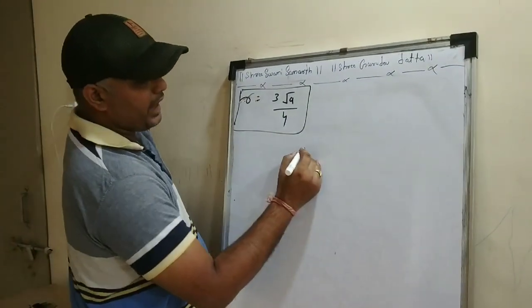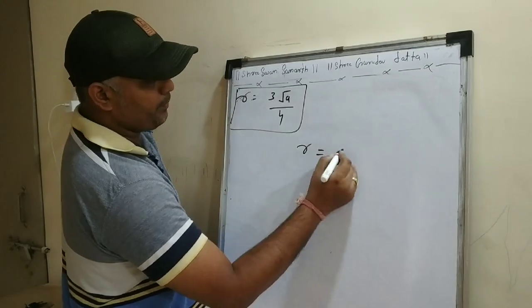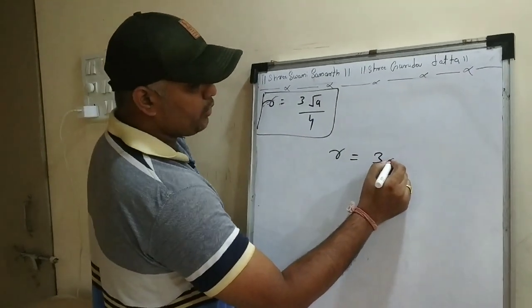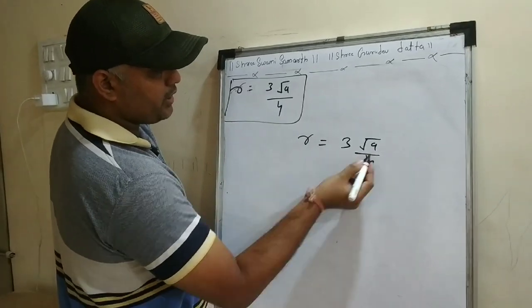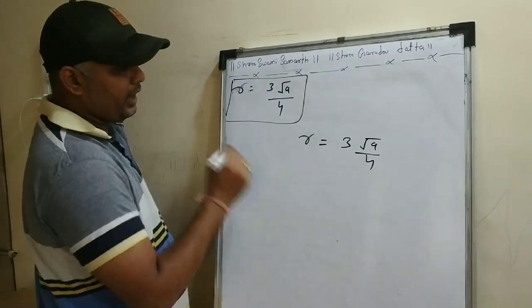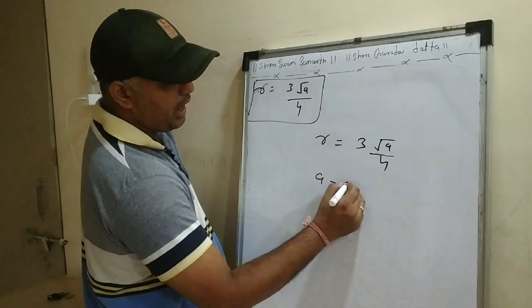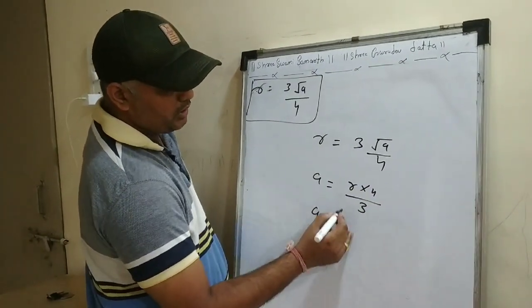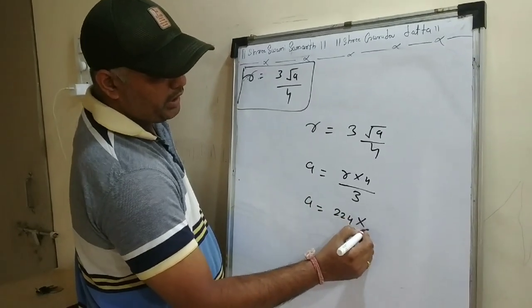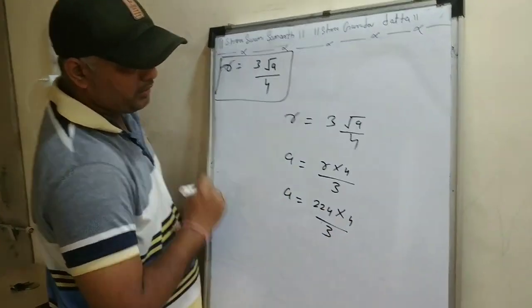Now we need to do the calculation. R is equal to root 3 A by 4, right? So here we need to calculate the value of A. So A is equal to R into 4 by root 3. A is equal to 224 into 4 divided by root 3.